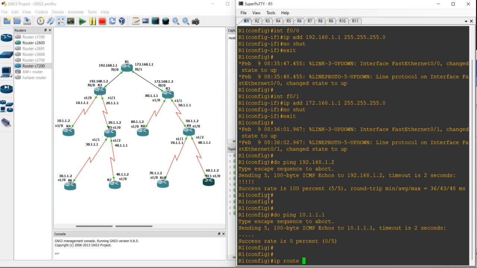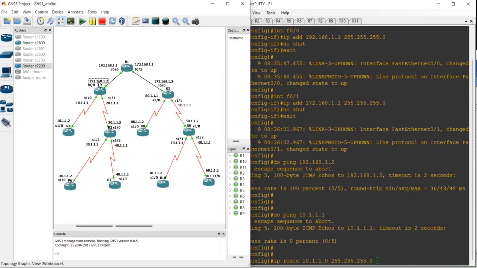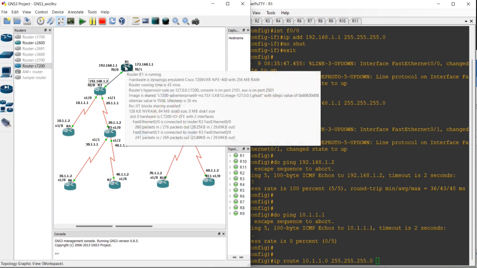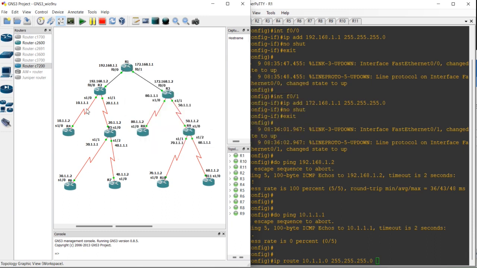The command is ip route on router 1 for the 10s network, 10.1.1.0, then the subnet mask, and the exit IP from router 1 is 192.168.1.2. If we want to go this side to any network, we need exit IP 192.168.1.2, and from router 1 if you want to go to any of these other networks, the exit IP is 172.168.1.2.